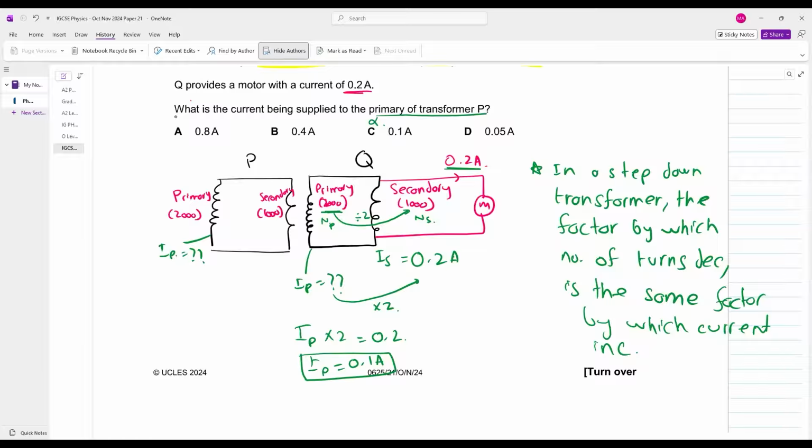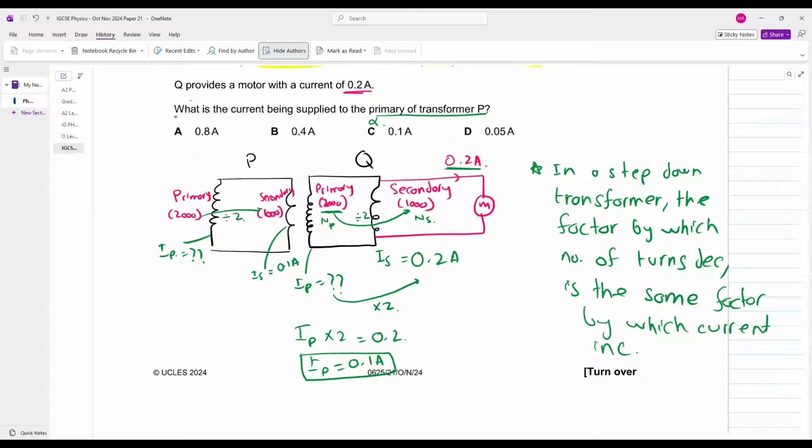Now, moreover, if the current in the primary coil of Q is 0.1 ampere, यहाँ पे secondary coil में भी 0.1 ampere होगा. बेटा जो करंट आपकी प्राइमरी कॉइल ऑफ Q में है वो ही आपकी सेकेंडरी कॉइल ऑफ P में होगा. Again, realize further, this is a step down transformer again. Number of turns क्या हो रही है?